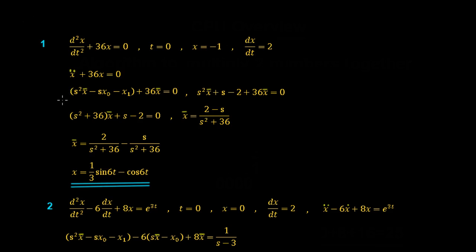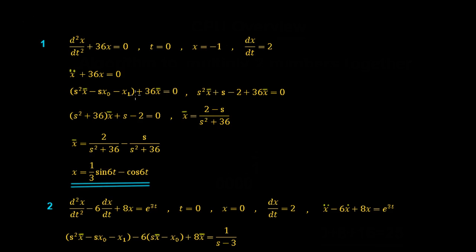We can then take the Laplace transform of it, and for this first section here, the second differential will give us s squared x bar minus sx0 minus x1, and the 36x is replaced by 36 x bar, and that all equals 0.